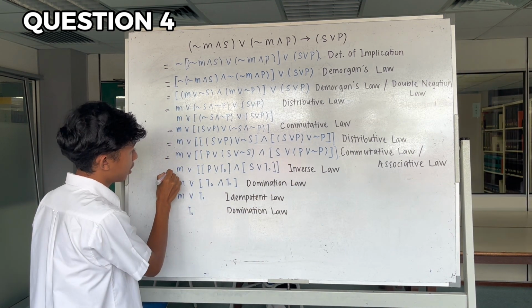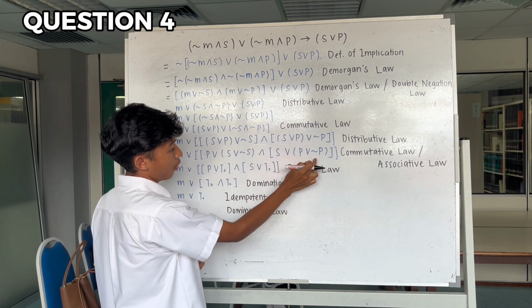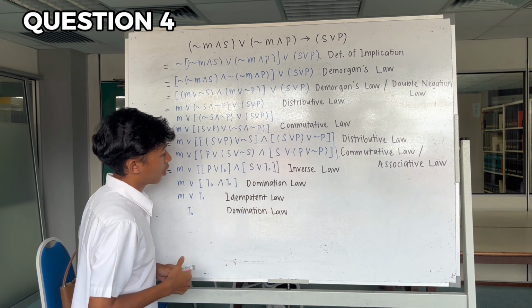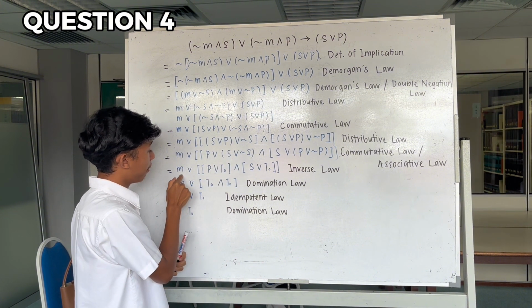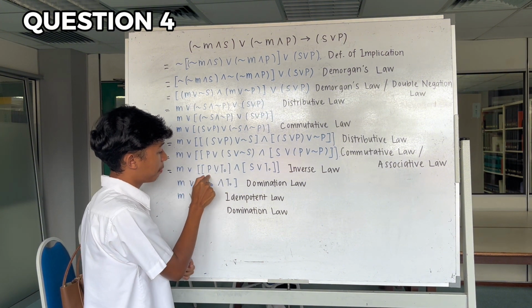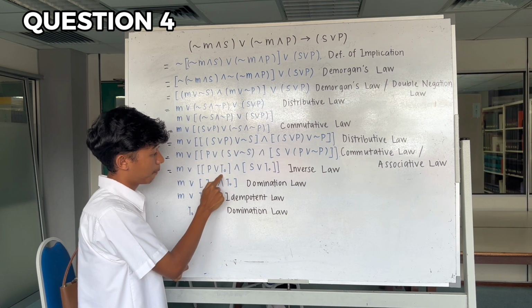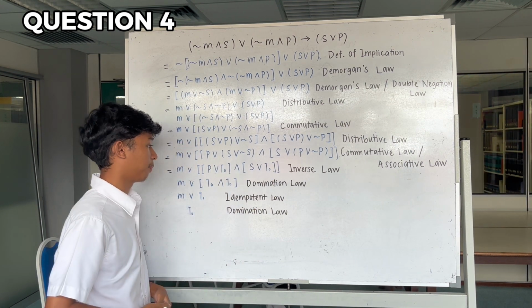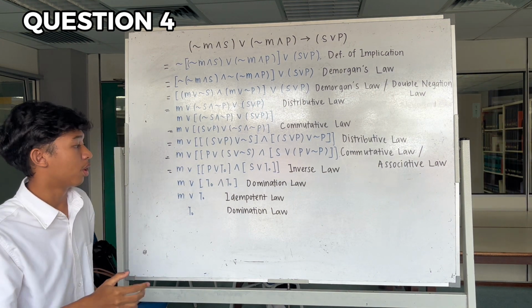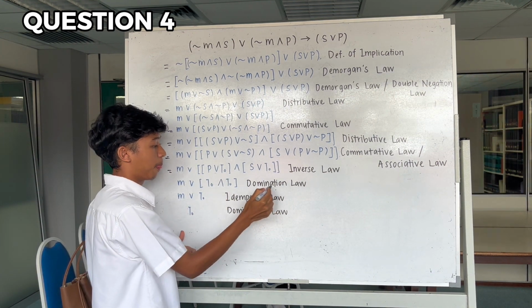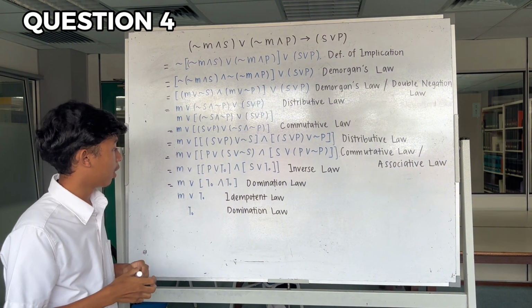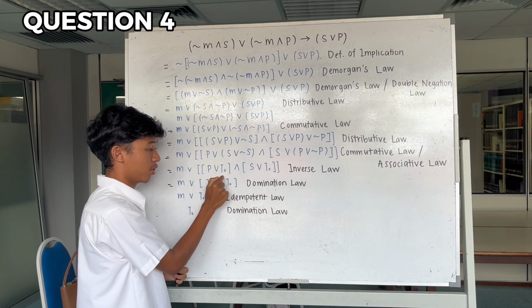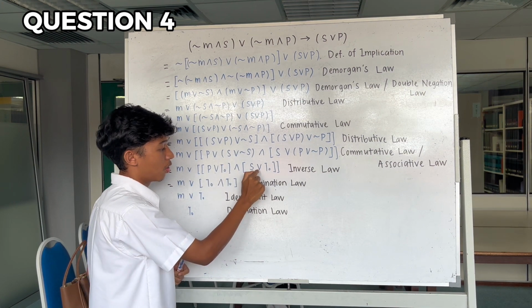Also, we see we can use the inverse law for this variable, and when we use the inverse law, we get M or open bracket P or tautology and open bracket S or tautology close bracket. And after that, we use the domination law, where we see P or tautology and S or tautology.